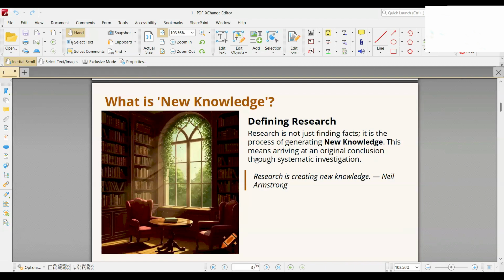Some people consider research as a movement from the known to the unknown. Actually, we can say that research is a voyage of discovery.